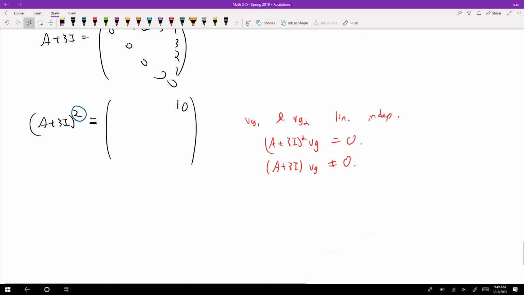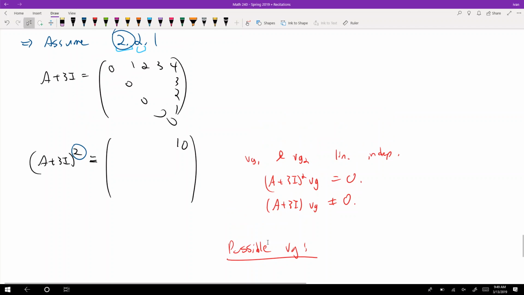Okay, so what are my possible VGs? 1 0 0 0 0 doesn't work. Why doesn't that work? Oh, because 1 0 0 kills the top matrix, right? So that doesn't work. But if we keep moving that 1 over, that works.